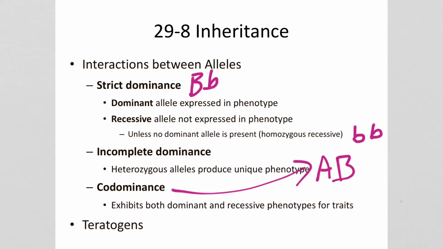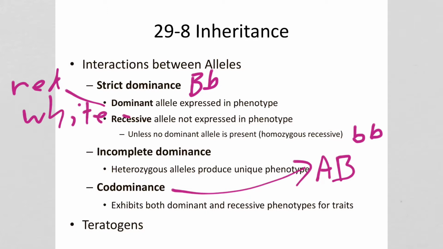Incomplete dominance is when heterozygous makes a completely different third phenotype. We don't see that often in humans. The only real example that we have in the book is sickle cell anemia. Let's say we did this with colors for tulips. Let's say that red is dominant over white.